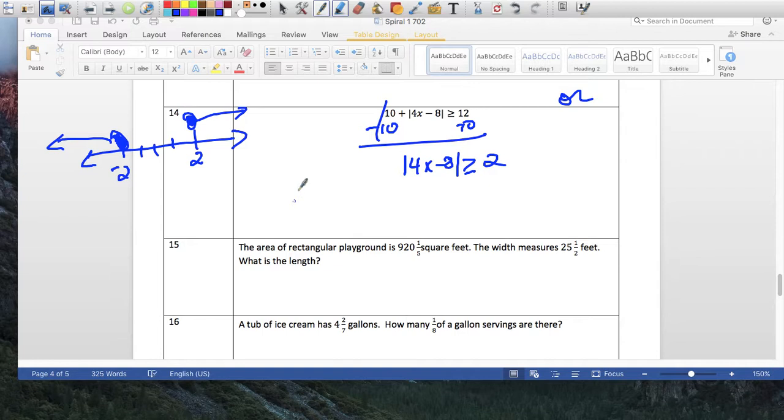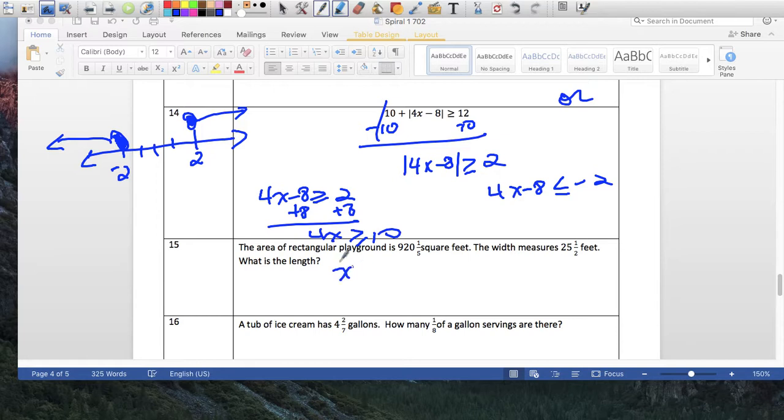So you're going to set up two inequalities: 4x minus 8 has to be greater than 2, and 4x minus 8 has to be less than negative 2. There are your two conditions. Plus 8, you get 4x is greater than 10, and dividing by 4 on both sides, x is greater than 5 over 2, or 2.5.